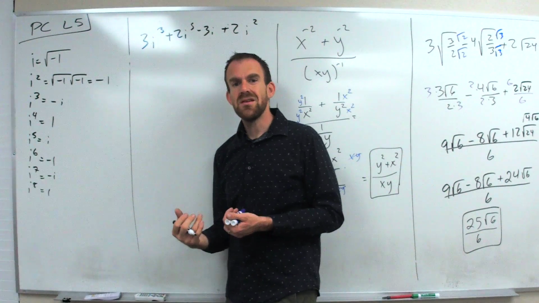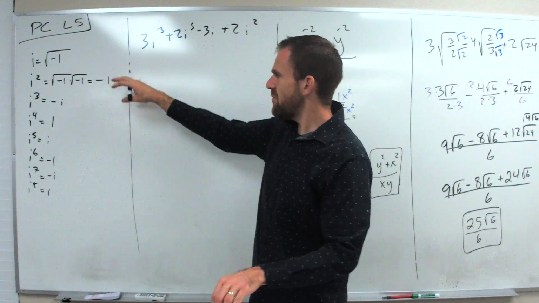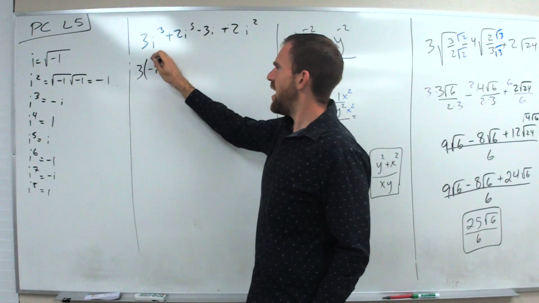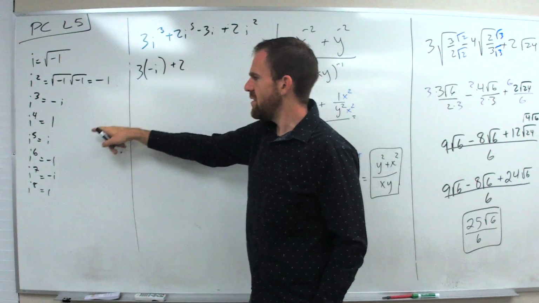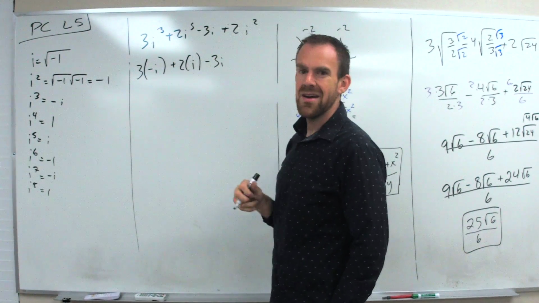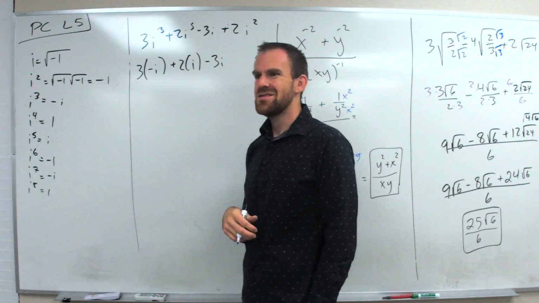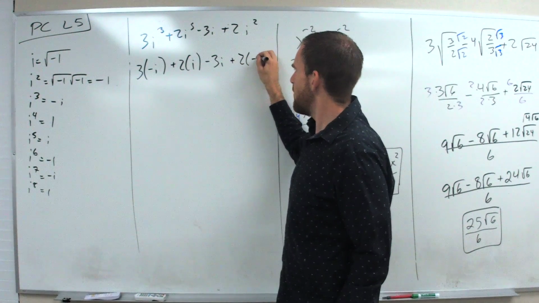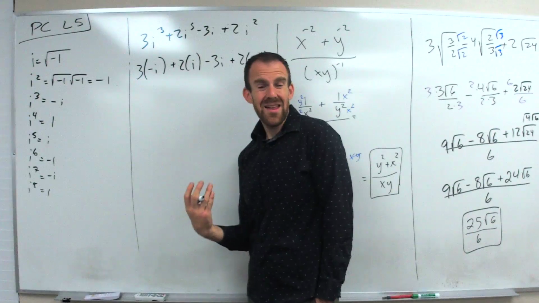Your first step is going to be to get rid of the i's, or at least simplify them down using this table. So I have 3 times i cubed, which is -i, plus 2 times i to the 5th, which is i. I always put them in parentheses just so I know that I plugged in. i squared is -1.